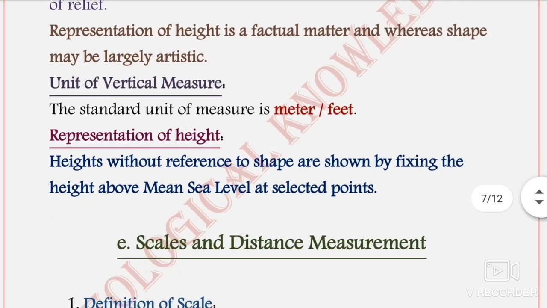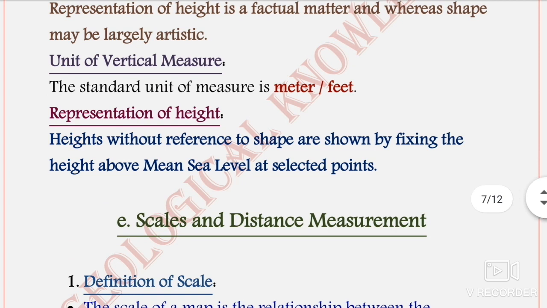The unit of vertical measure is the meter or the foot. And for the representation of height, heights without reference to shape are shown by fixing the height above mean sea level at selected points.